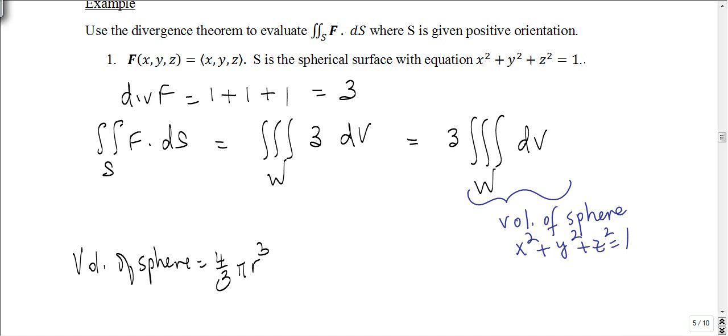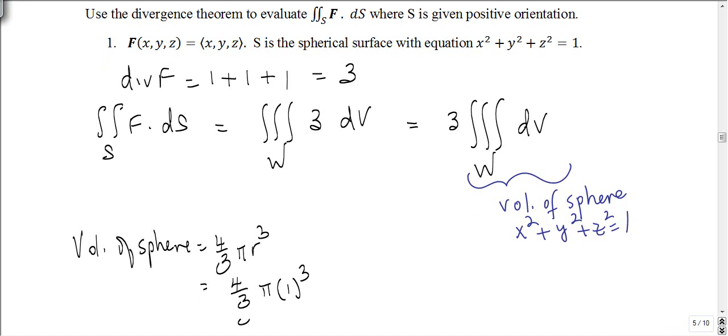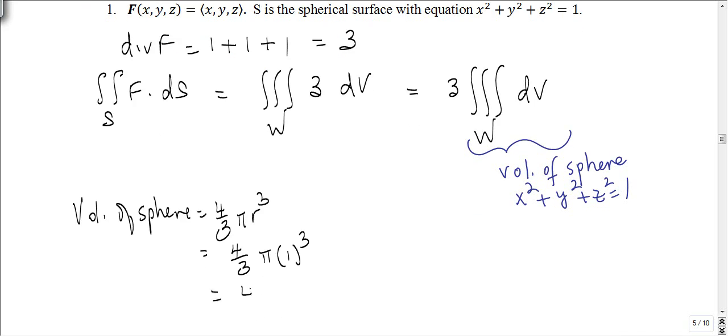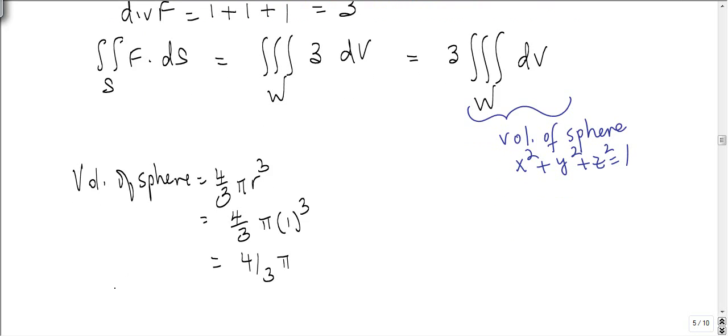What is the radius of that sphere? 1. So that is equal to 4/3 pi times 1 cubed, which is 4/3 pi. And so we're almost done. So the double integral over S of f dot ds is equal to 3 times 4/3 pi, which is 4 pi.